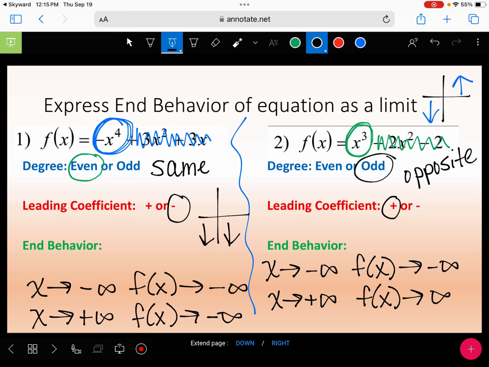You don't have to combine them. So as you see, I just rewrote it as two separate statements. You all are helping me think this through when I teach 6th period and 7th period. Maybe I won't combine them because I don't want you all to get confused. But just know that for even, because both sides are doing the same thing, we can combine them and write it as one statement.